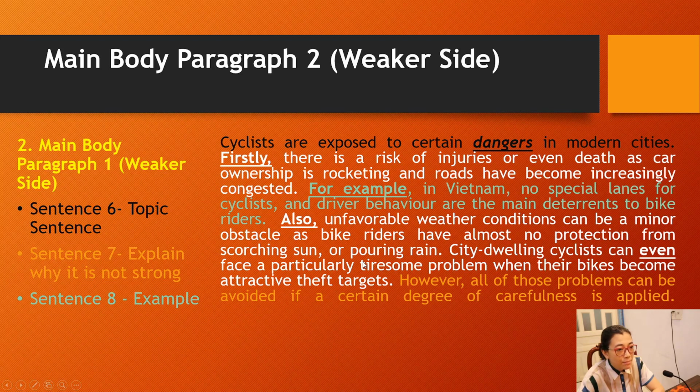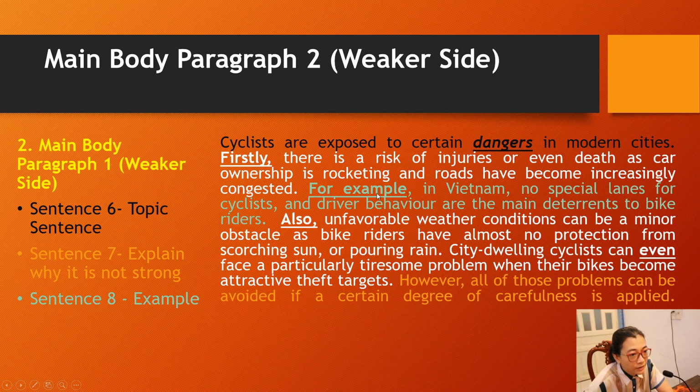And how many reasons, how many dangers have I mentioned in this paragraph? Can you find them? Now, based on the connector, you can see there are three dangers. The first one, I use the word firstly, then I use also, and I use even. And how many examples have I given?